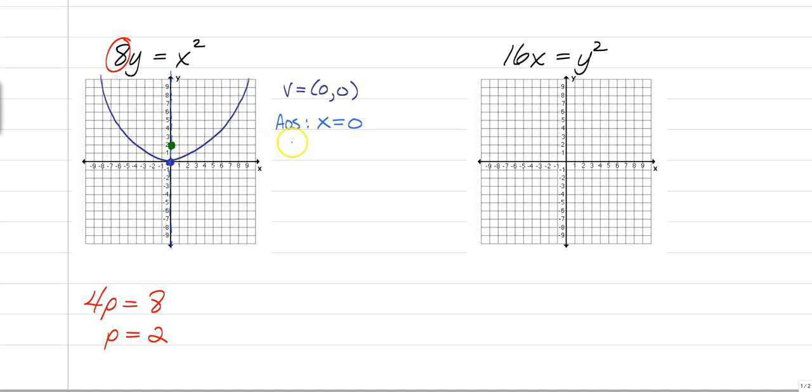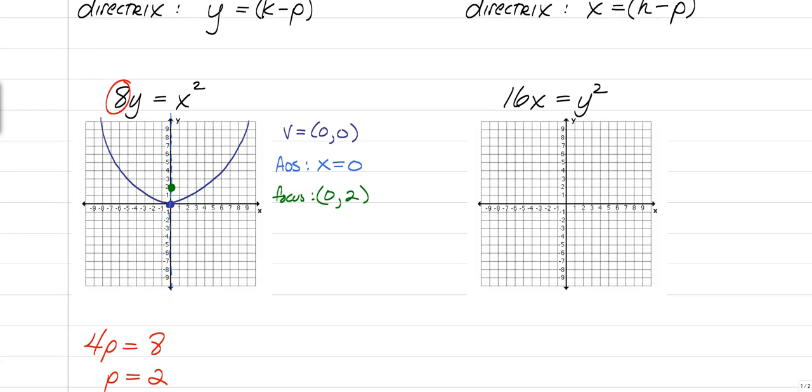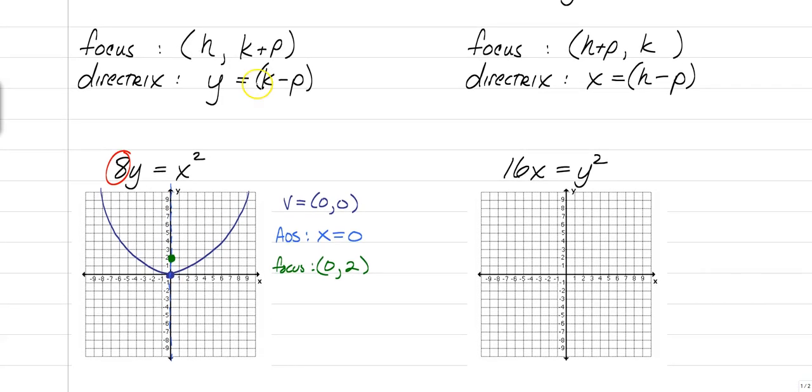The focus is at 0, 2, because you are 2 above. Now, like I said, if you want to use the formula, that's fine. I did tell you that it was h, k plus p. So if your vertex is h, k, then it's still h, which is 0, and then k plus p, which would be 0 plus 2.